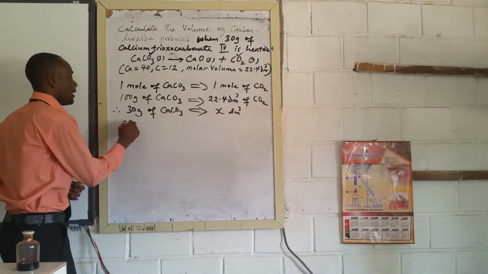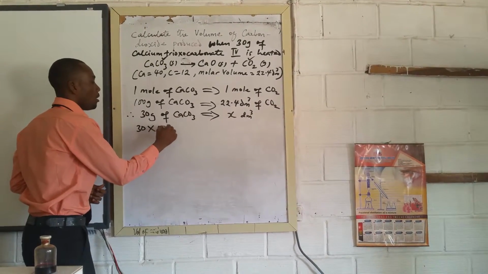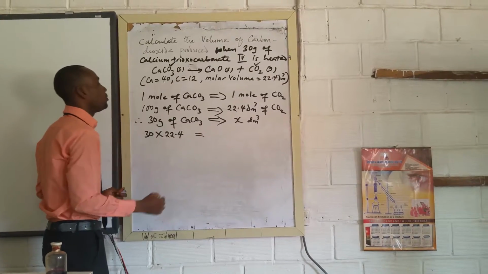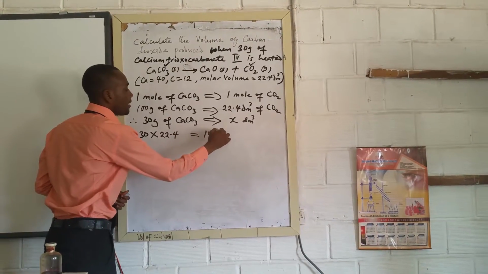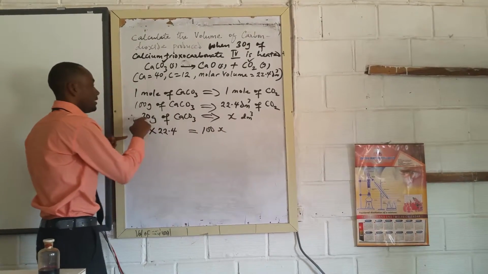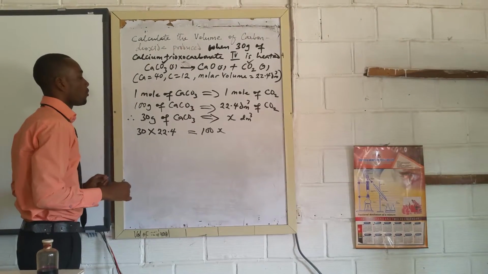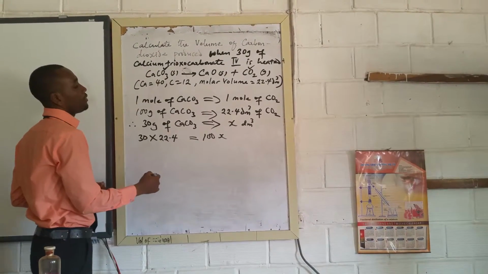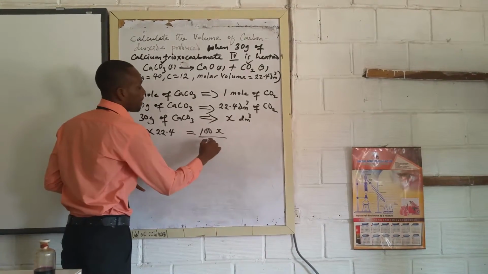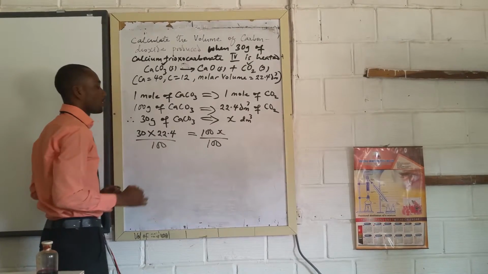So 30 times 22.4 equals 100x. 100 times x gives you 100x. 30 times 22.4 gives you the answer here. So what we do now is we make x the subject of formula by dividing both sides by 100. Divide both sides by 100. Alright?